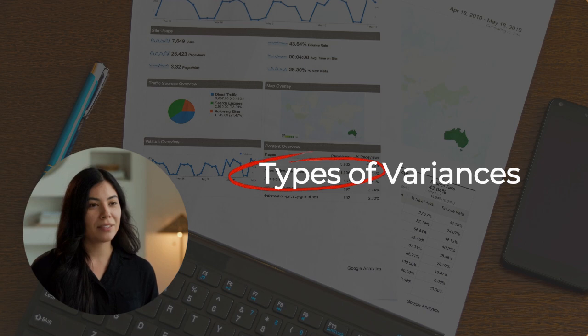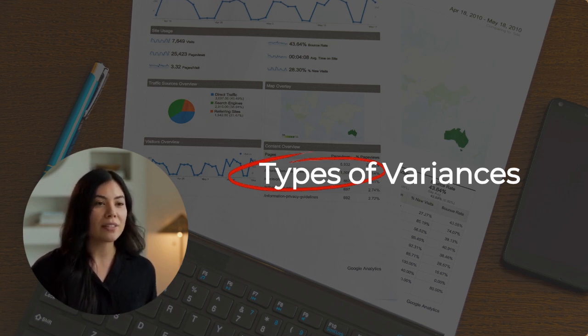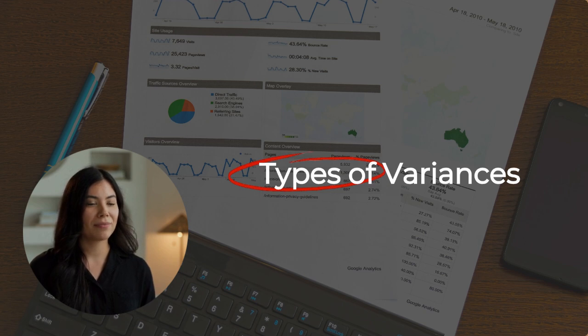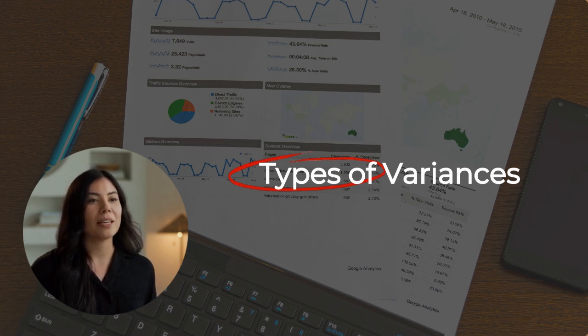Types of variances. A. Material variances. Material cost variance, MCV, equals standard cost minus actual cost. Material price variance, MPV, equals (standard price minus actual price) times actual quantity. Material usage variance, MUV, equals (standard quantity minus actual quantity) times standard price.